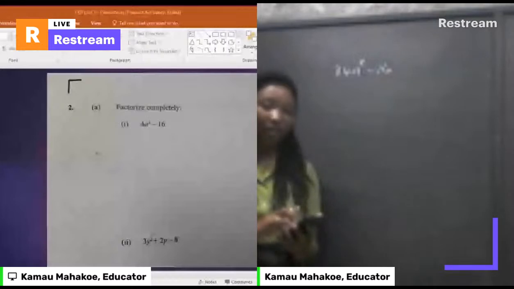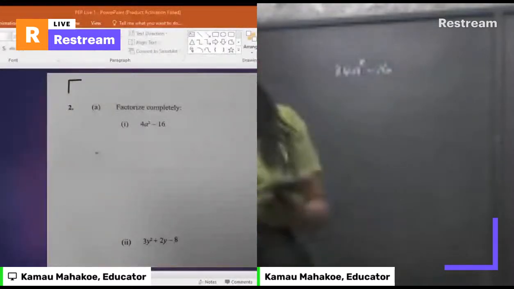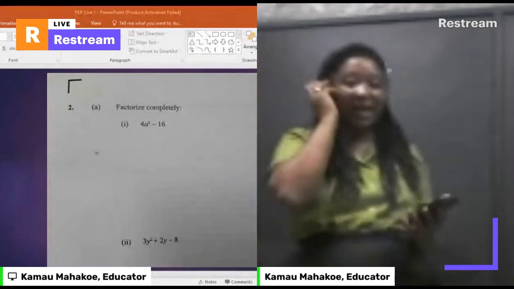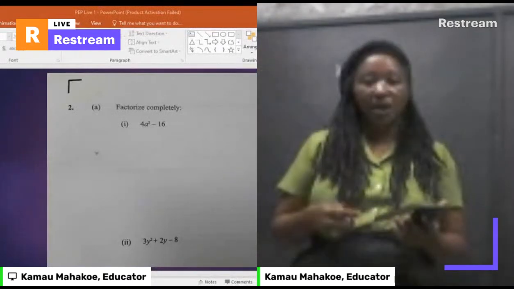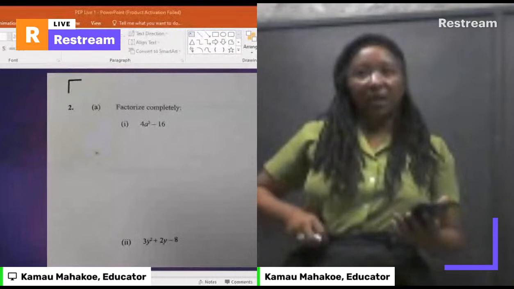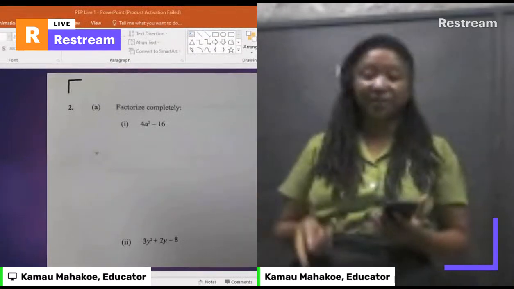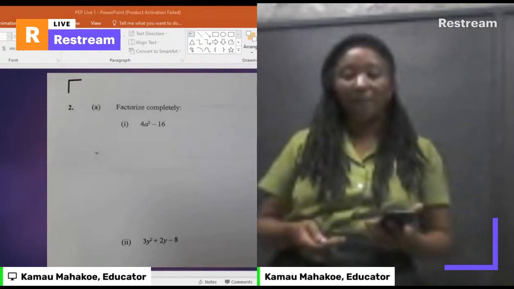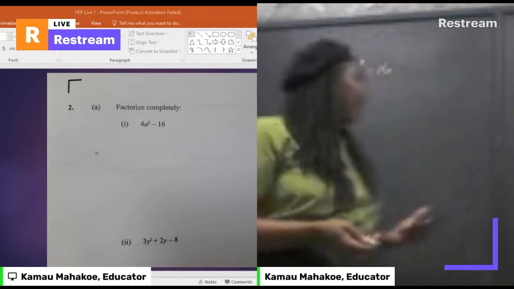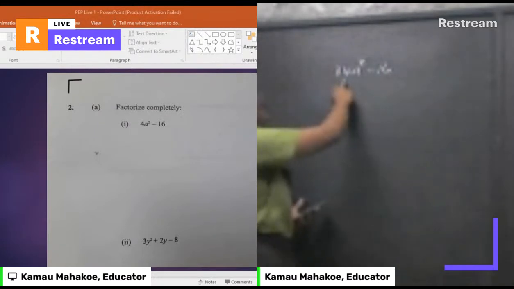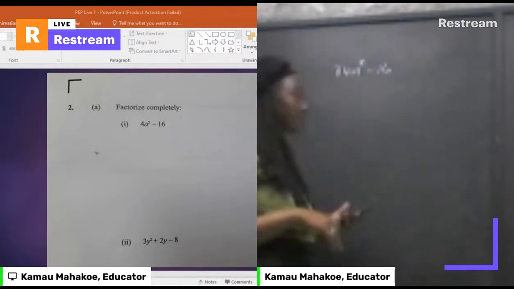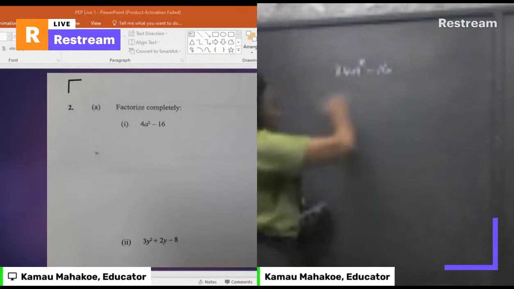For those who know about the difference of squares, we realize this is the difference of squares. We factorize using the difference of squares when we have a square number minus another square number. 4 is a square number, a squared is a square term, 16 is a square number.